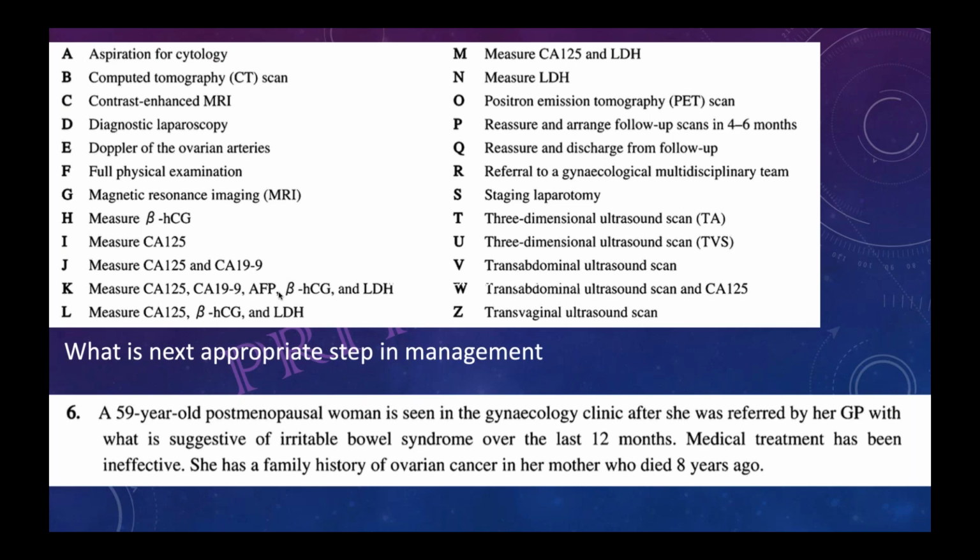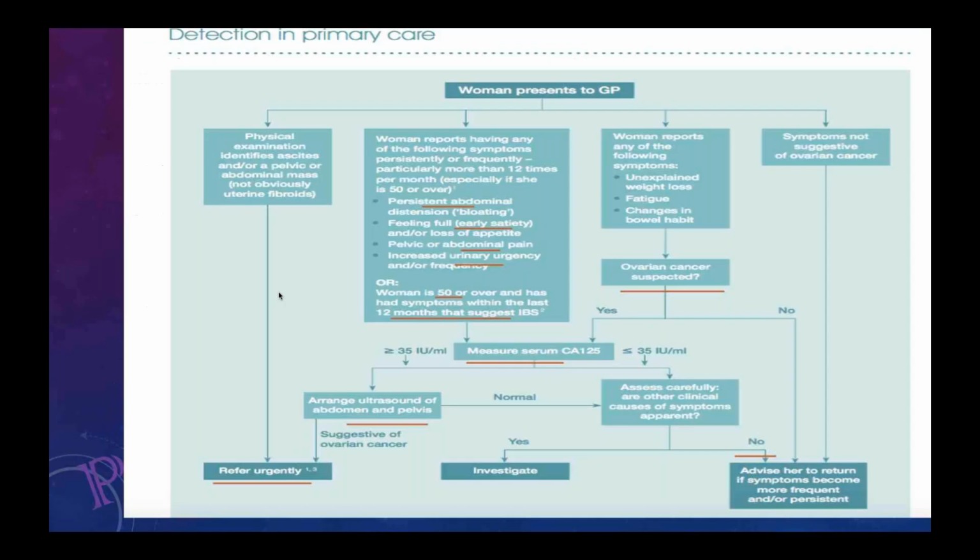Here clinical symptoms are there, so on the basis of clinical symptoms he can examine and refer. So this is the table that you have to learn. Women present to the GP.